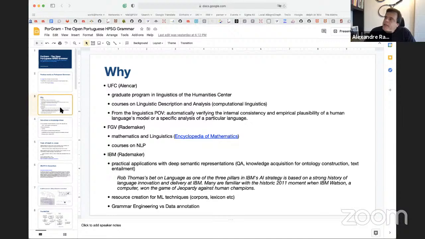As he mentioned yesterday in his talk, we have this linguistic point of view when we implement a grammar, right? We want to study the grammar with formal tools that help to make hypotheses about the language and test those hypotheses.